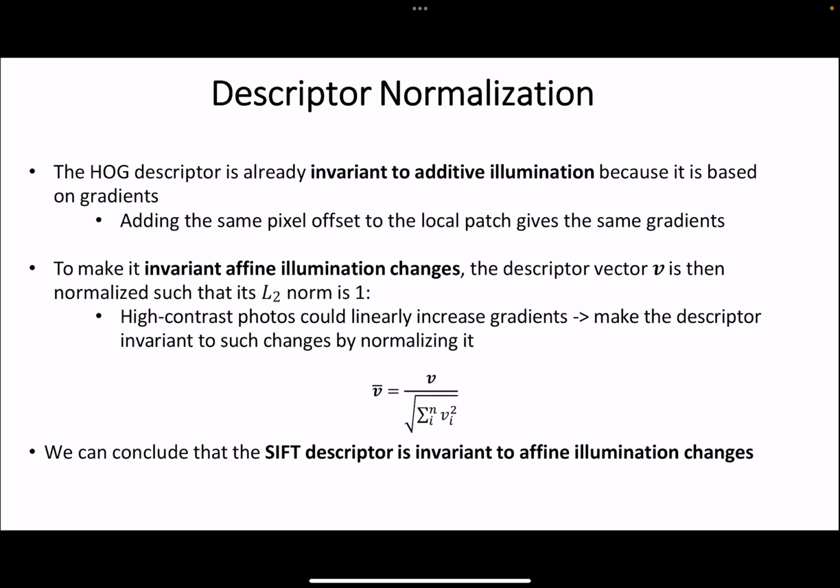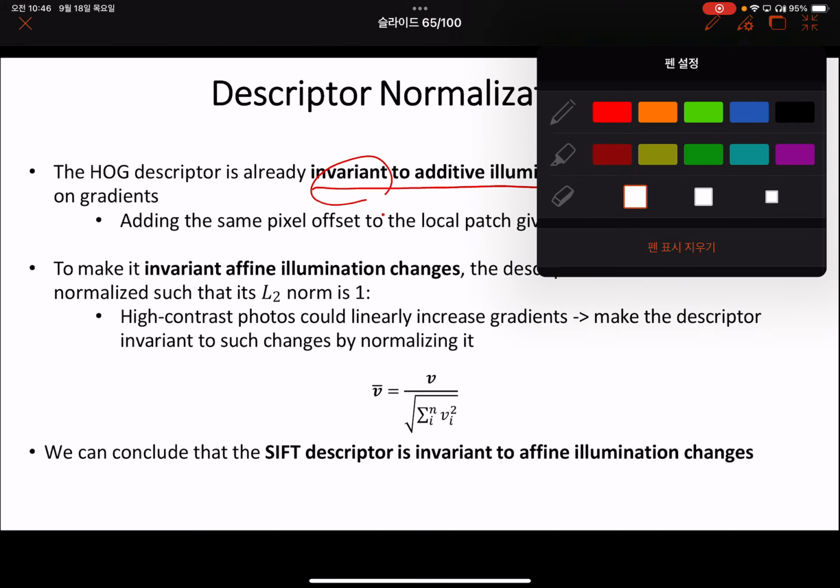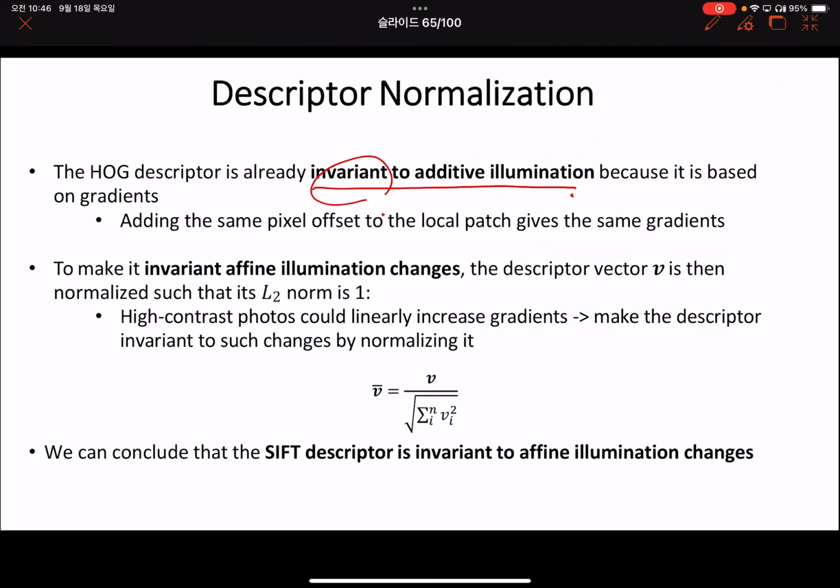Invariant means regardless of the function g, the return value of function f is not related to applying any transformation g. This is invariant.